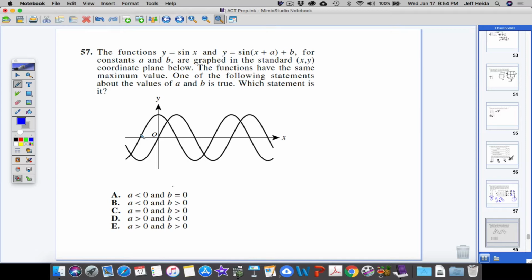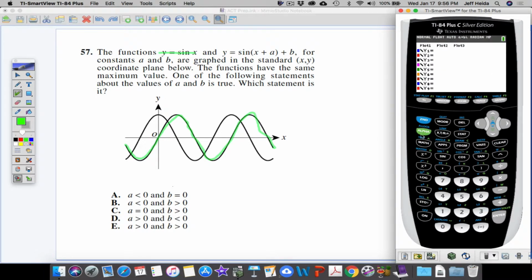57 is a trigonometry question. You might get to it at the end of geometry, but it's probably trigonometry. So you have a sine wave, and the first equation, y is equal to sine x, is this line. How do I know it's that line?